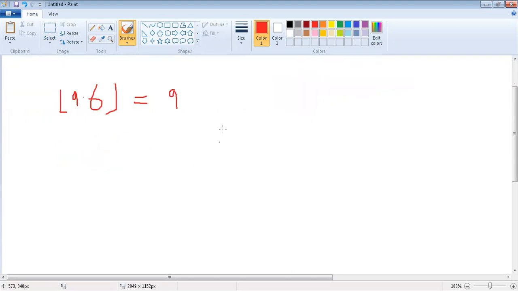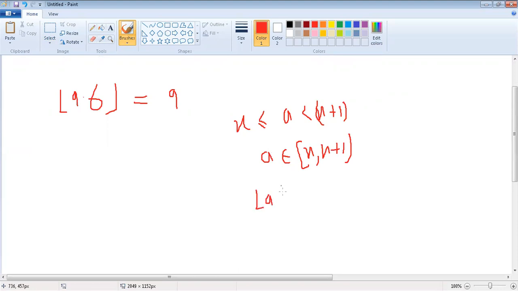Similarly, in general, if x is in the interval from x to x plus 1, then GIF of a equals x. So GIF of 10.8 would be 10. Even the GIF of 10.99999 and so on will also be 10.